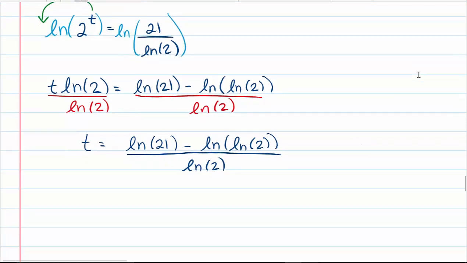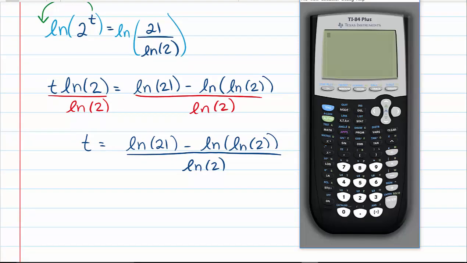So what we're going to do now is use our calculator, and we're just going to type that in. So we go alpha y equals, and then n over d. That means numerator over denominator. And from there, we are going to type it in.